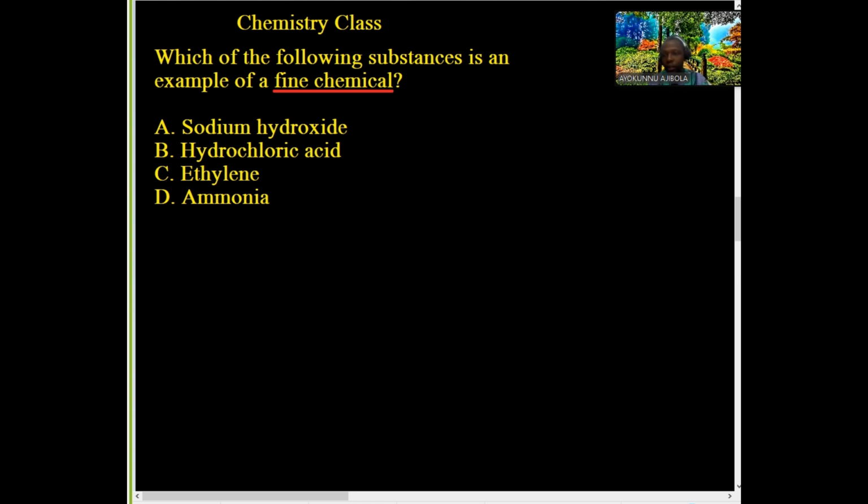So that is to inform us that we have two major types of chemicals, okay? We have the fine chemicals and what? Heavy chemicals. So if you must be able to answer this kind of question in the exam, you need to know about fine chemicals and heavy chemicals.